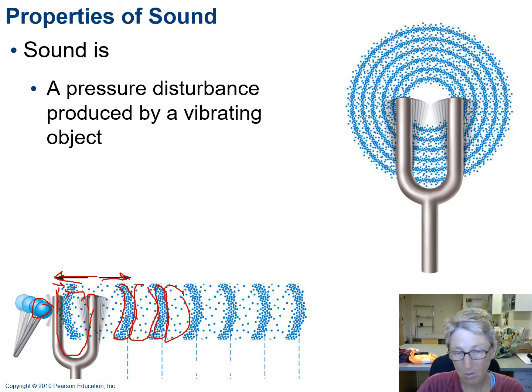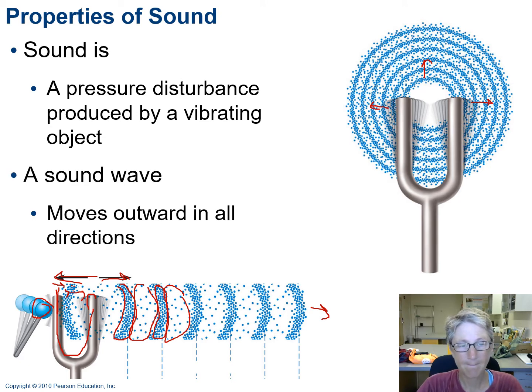Through a series of movements, that sound, if you're in range, will hit your tympanic membrane. And this just shows how sound waves can travel out in all directions, from where the sound initiated at the tuning fork, moving outward in all directions.